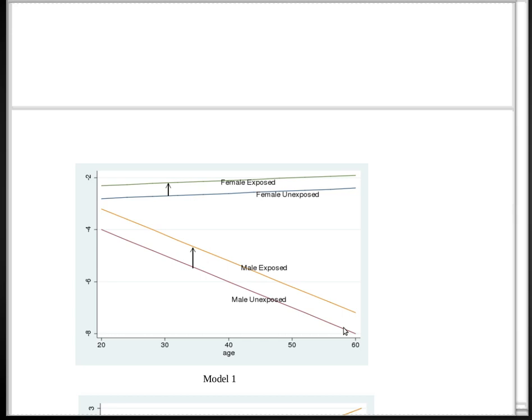But notice here, I'm supposing that the slope of this line for the exposed is the same as the slope of the line for the unexposed among the women. Further, it is the same for the males. Okay? The slope of the red line here, the same slope as the orange line.